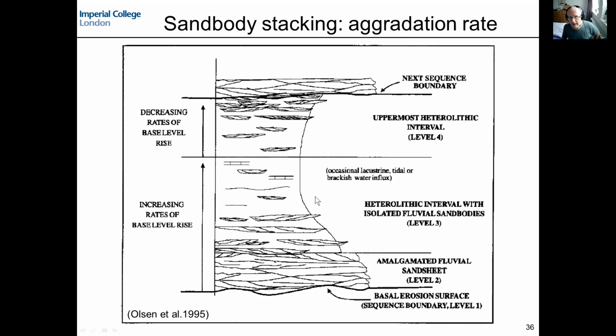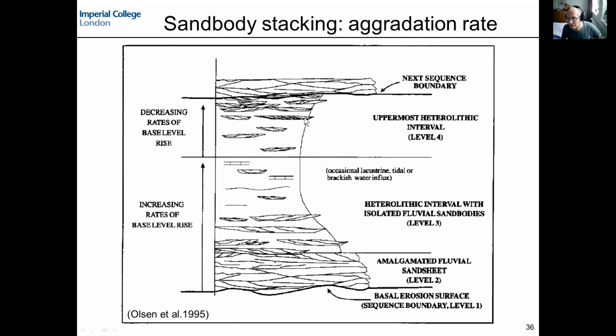Then in here we have isolated channel bodies. We have some lake deposits represented by these limestones. This would represent a period of high accommodation generation, and therefore less well-stacked channel bodies. You can see towards the top of this interval, the channel bodies are becoming more closely stacked.